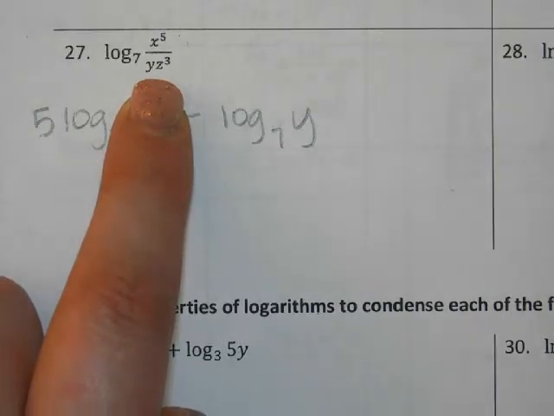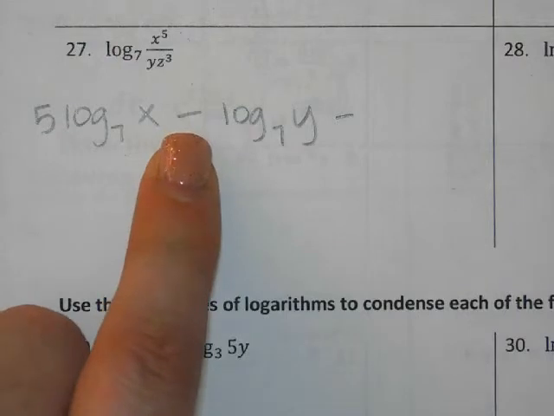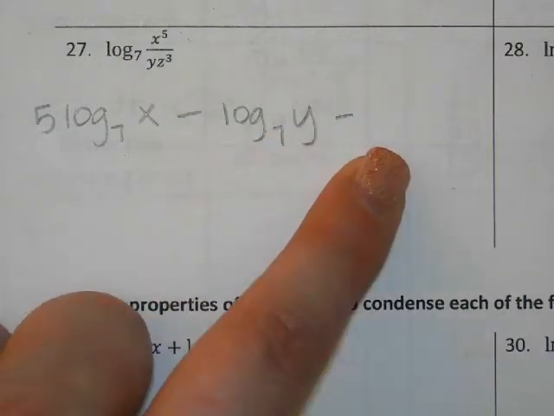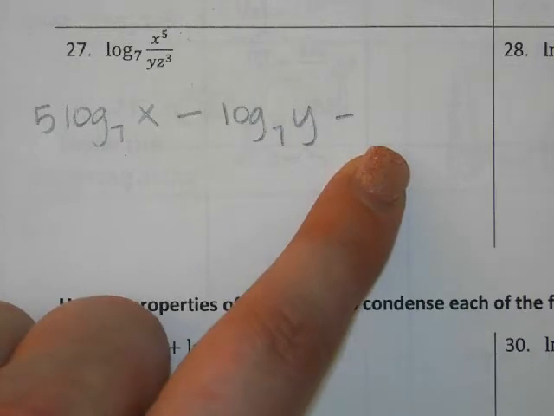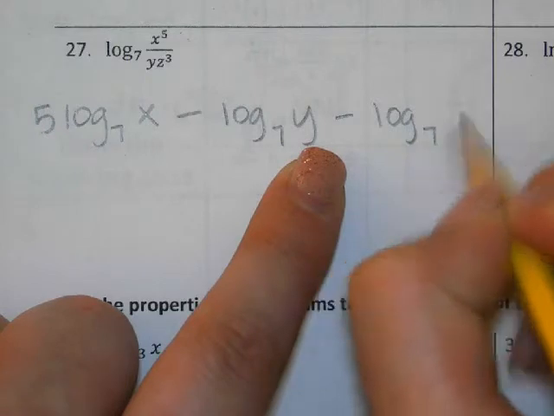Or do I put a minus for the z because it's also on the bottom? You put a minus, okay? Minus. So I'm thinking of this as minus means it's on the bottom of the fraction. Another minus means I'm still on the bottom of the fraction, okay? So this one would be log base 7 of z.